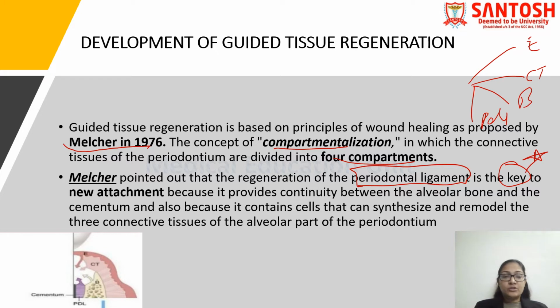Why? Because the periodontal ligament connects your bone to your cementum. So it provides a continuity between your alveolar bone and cementum, and also because it contains cells that would synthesize and remodel the other three connective tissues of the alveolar part of the periodontium. So according to Melcher, the periodontal ligament compartment was the most important.